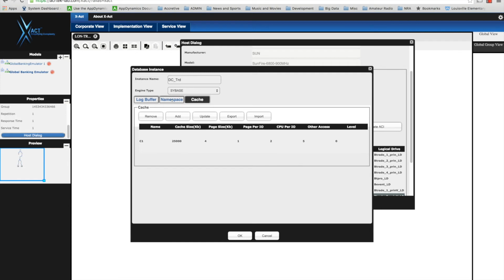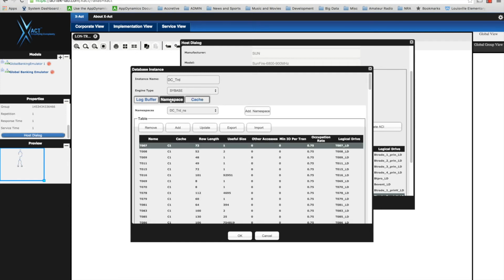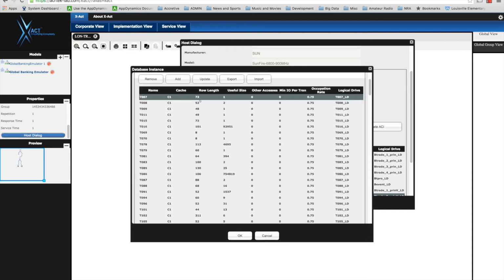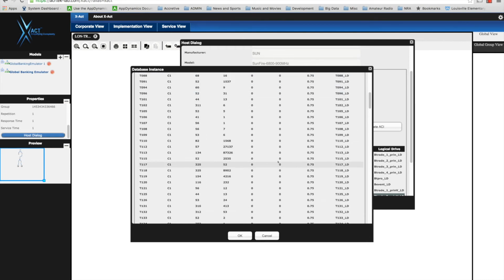We can go to the namespace or schema name, and we can see that in this case there's only one schema or namespace, and you can see all the tables that are defined in here.